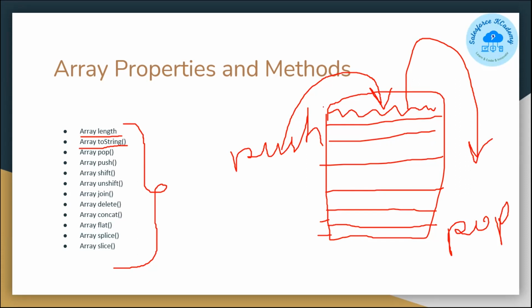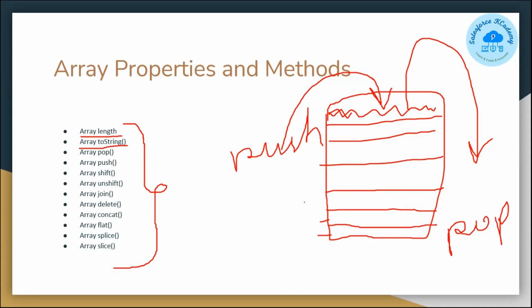Stacks and queues are very common in programming languages. So in JavaScript also, if you treat an array as a stack, comparing it to plates arranged in the kitchen, then if you push, it gets added to the end. If you pop, it gets removed from the end.